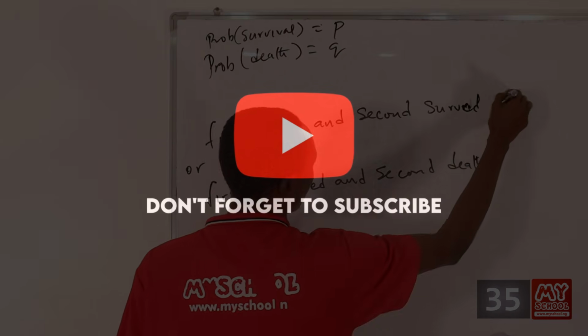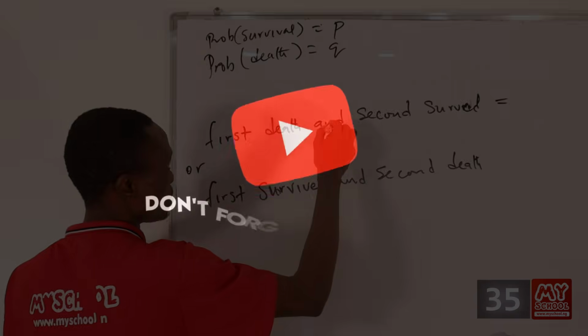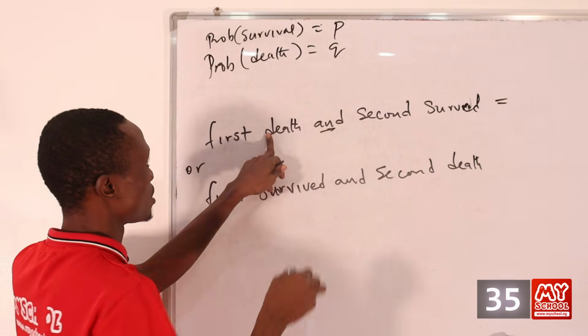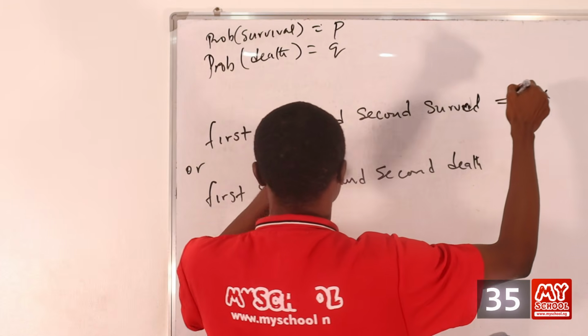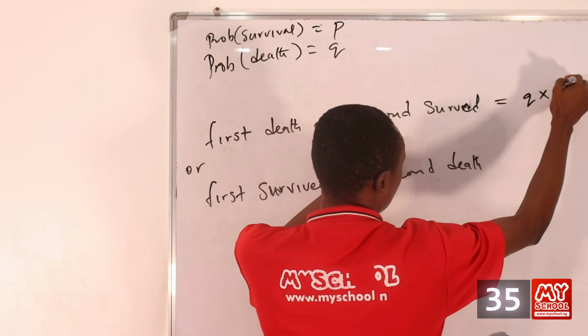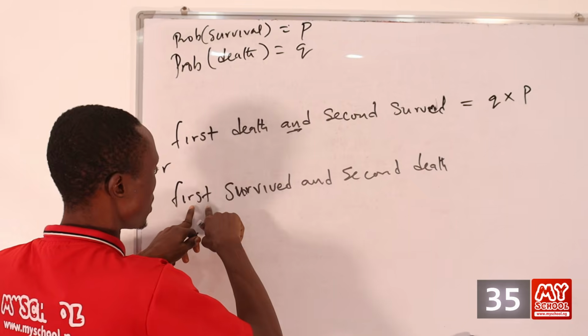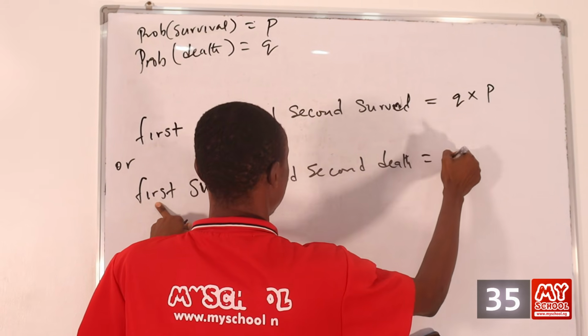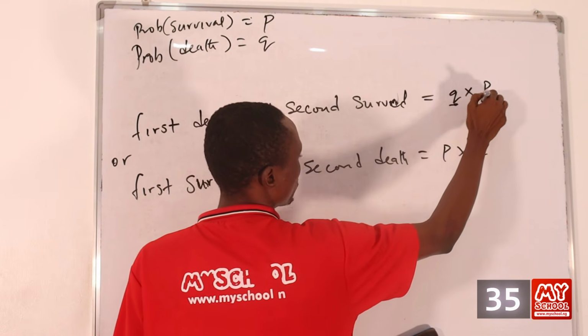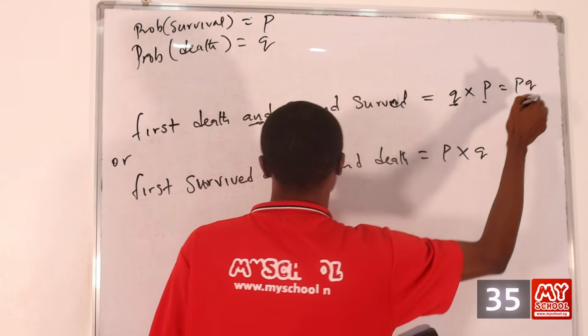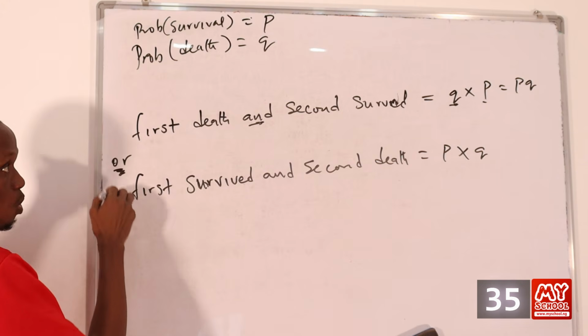So in this case, now remember, and means times, right? First person dead and the probability of death is Q, so you'll be having Q times P for survivor. While here, we'll be having P times Q. Of course, Q times P is still the same thing as PQ. But remember the or here, or means addition.